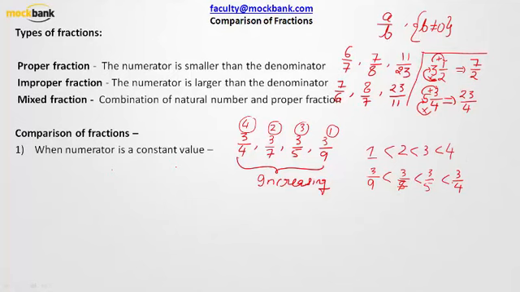So if the numerator is constant, the higher the denominator, the lower the value is going to be. Now let us go ahead with the second approach. Whenever the denominator is a constant value, the higher the numerator, the higher the value. So what was the key here? The higher the numerator is, the higher is the value.